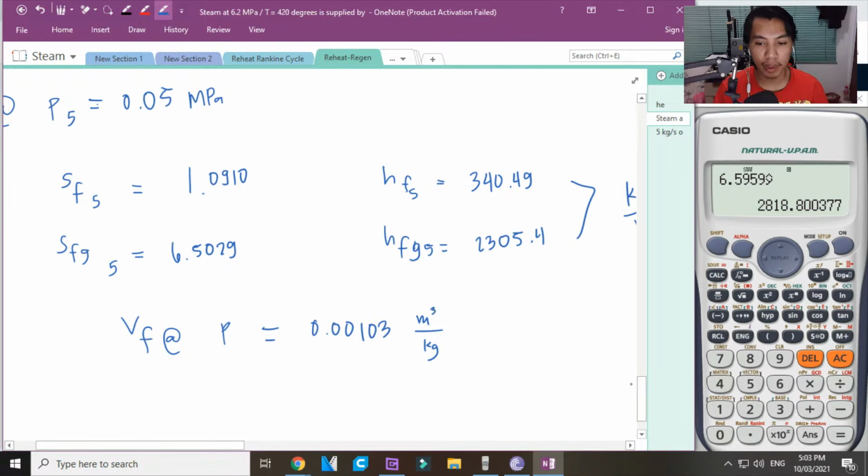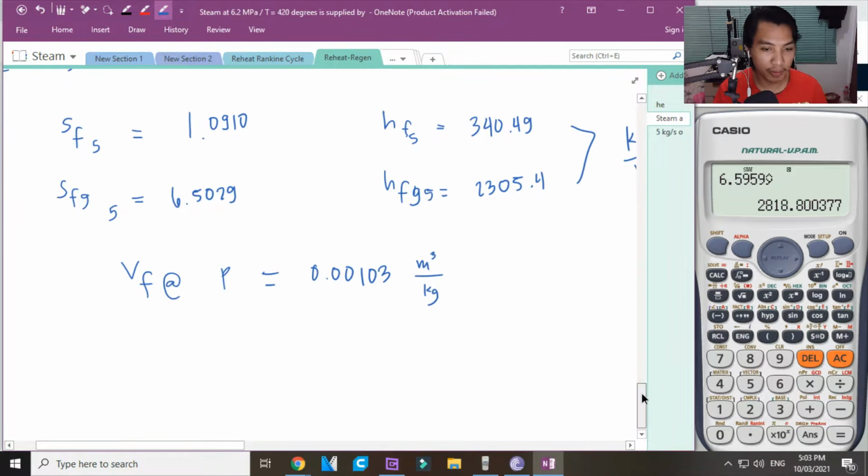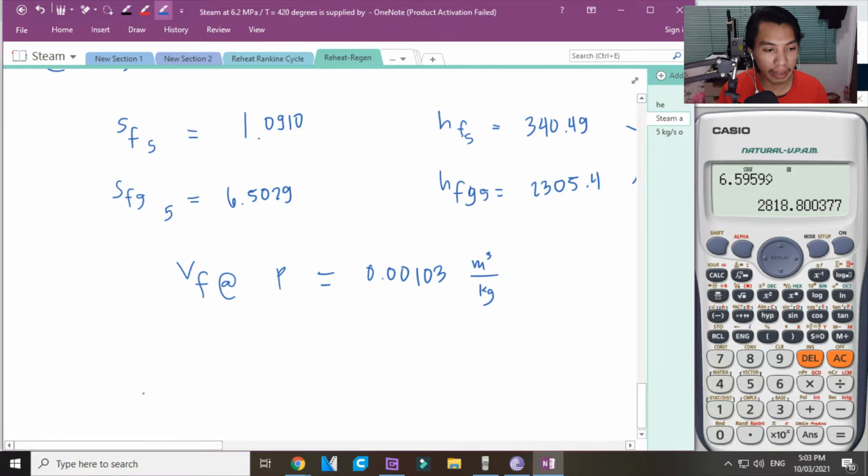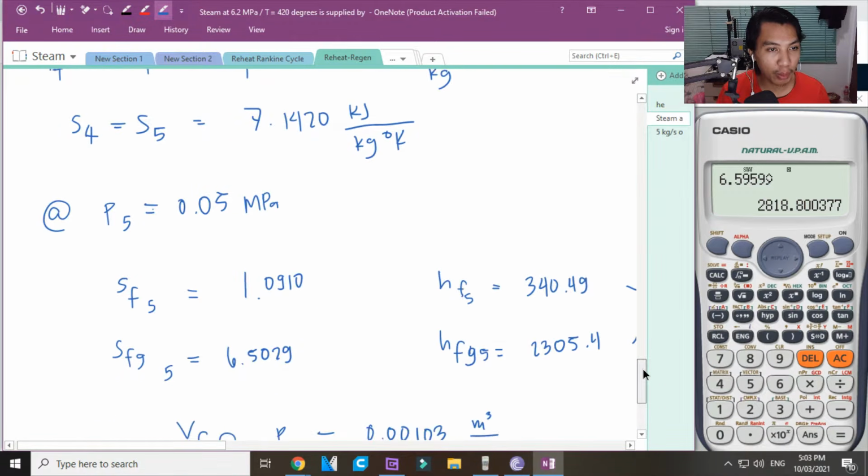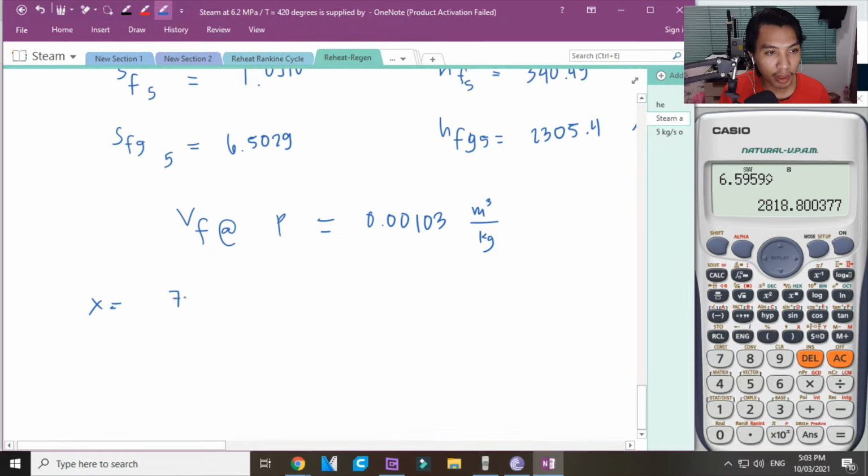Now you can solve for H5 by checking the quality. X is equal to S4, which is 7.1420, minus 1.0910, over 6.5029.